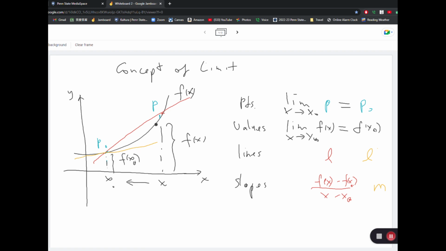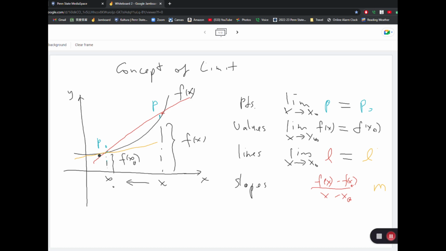Then, using the limit concept, we say the limit of secant line L as x goes to x0 is the tangent line, right? So basically the red line approaches, or becomes, the yellow tangent line.